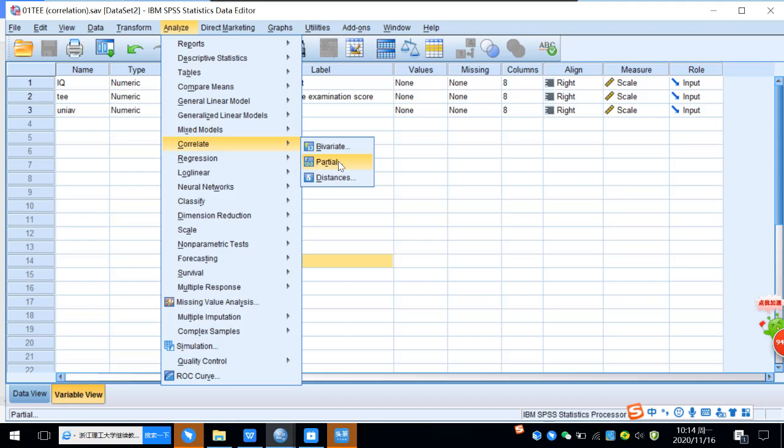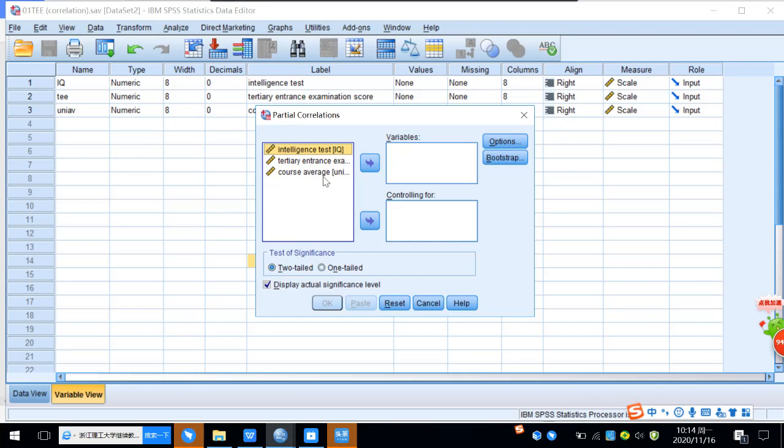Yes, all of you found the correct method. And controlling for, which variable is controlled? It says that when IQ is controlled, IQ is the intelligence test.